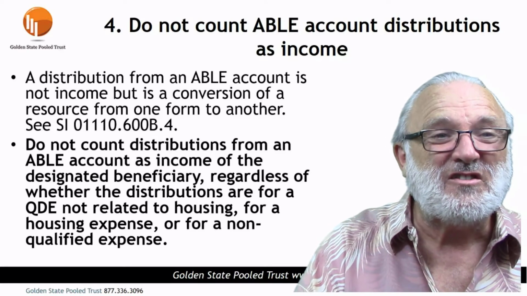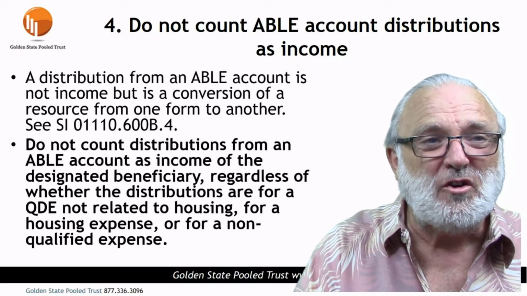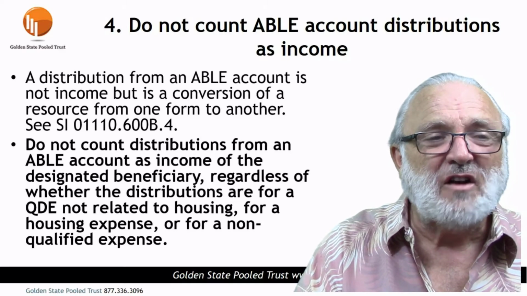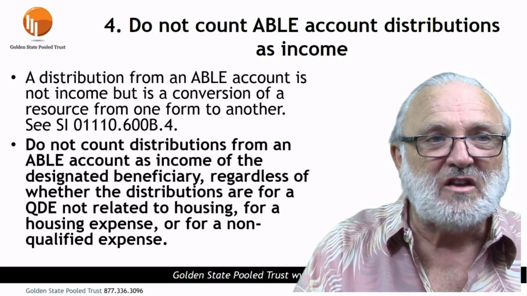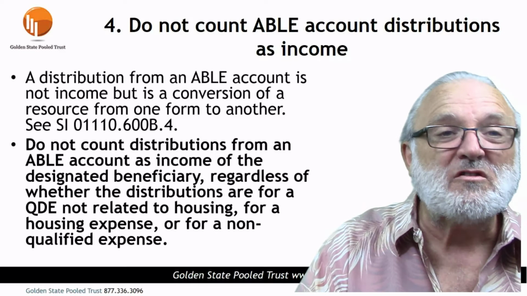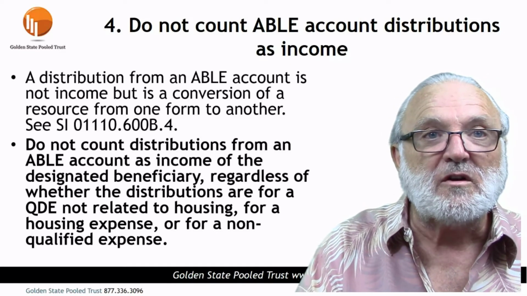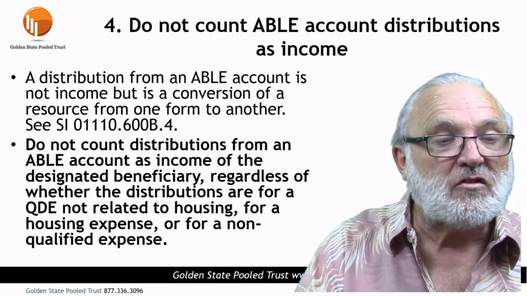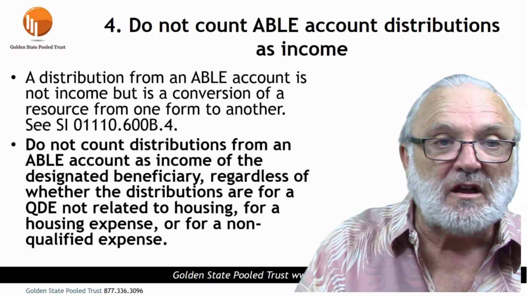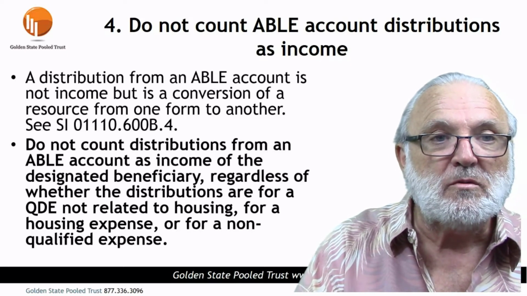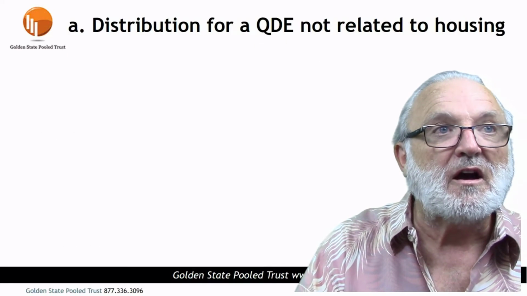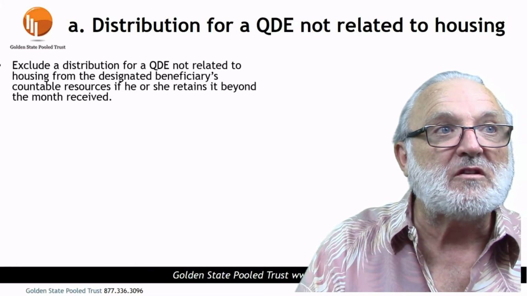What it's basically saying is whatever the beneficiary uses it for, as we're going to see with some exceptions, it's not going to count against the SSI. There may be penalties, tax penalties, and that sort of thing, but that's under the Department of Treasury, and Social Security and also Medicaid are not going to oversee this, and they're not going to count distributions from an ABLE account, as we're going to see with some exceptions.